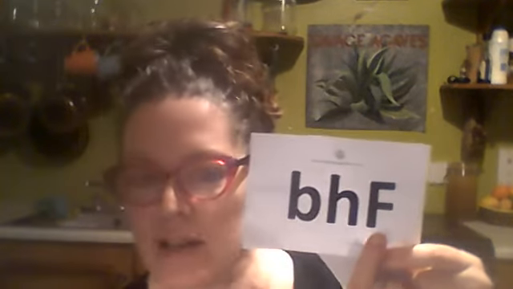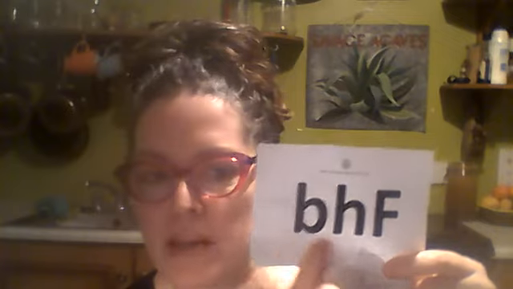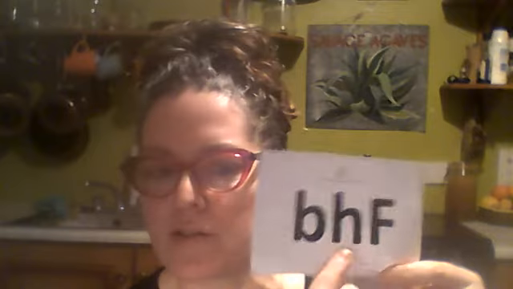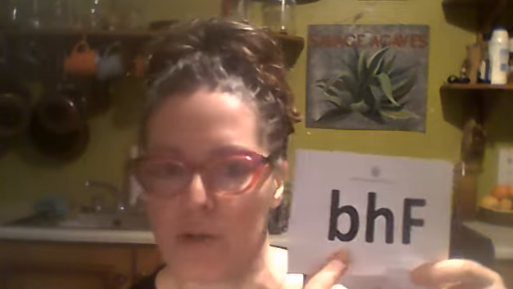Okay. Now, the next one is a great one. The next one is F. So F is the consonant and BH is the urú. This is the only consonant that has two letters to make up the urú.